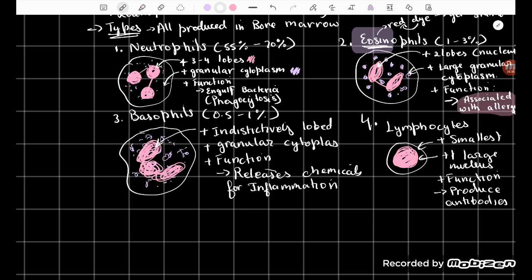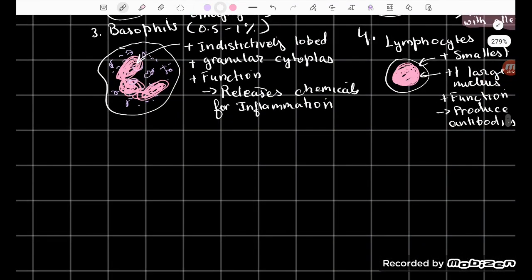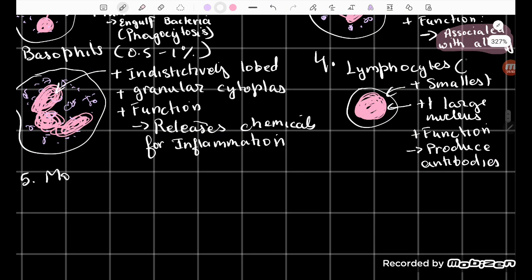Along with the bone marrow, it is also in lymph glands, but I wouldn't sit and read that because I don't think it's going to come. Lymphocytes are 20 to 35%, which is relatively high, so remember this is second. The fifth and last one is monocytes, at 3 to 8%, which doesn't matter.